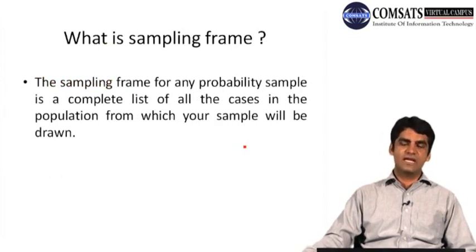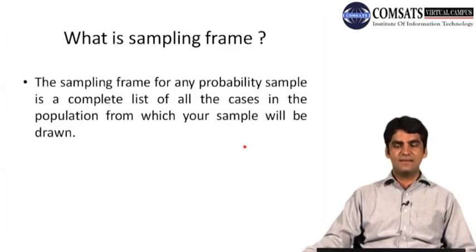What is a sampling frame? For any probability sample, it is a complete list of all the cases or elements in the population from which your sample will be drawn.